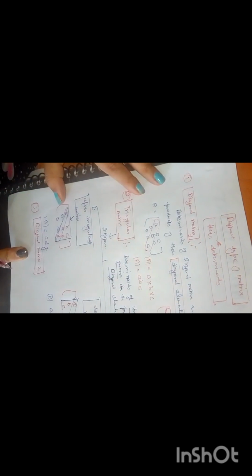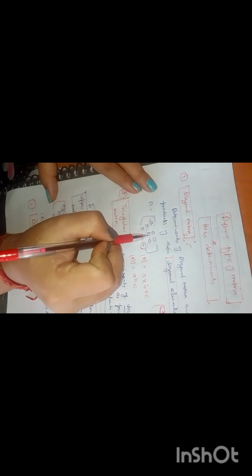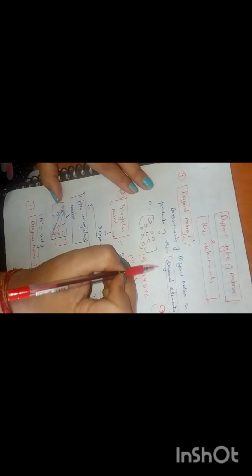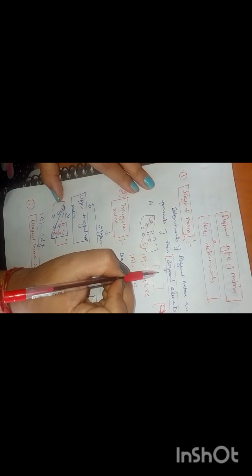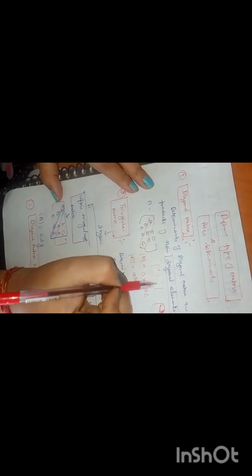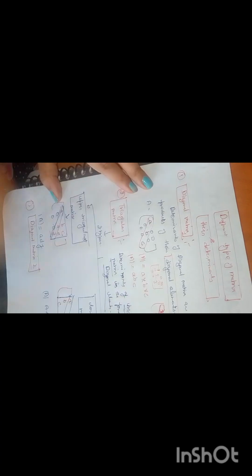This is the second type of diagonal matrix. Here the elements of the diagonal matrix were different, like a, b, c. If we put numbers here, we can say this diagonal matrix is like 1, 2, 3 with 0s elsewhere.